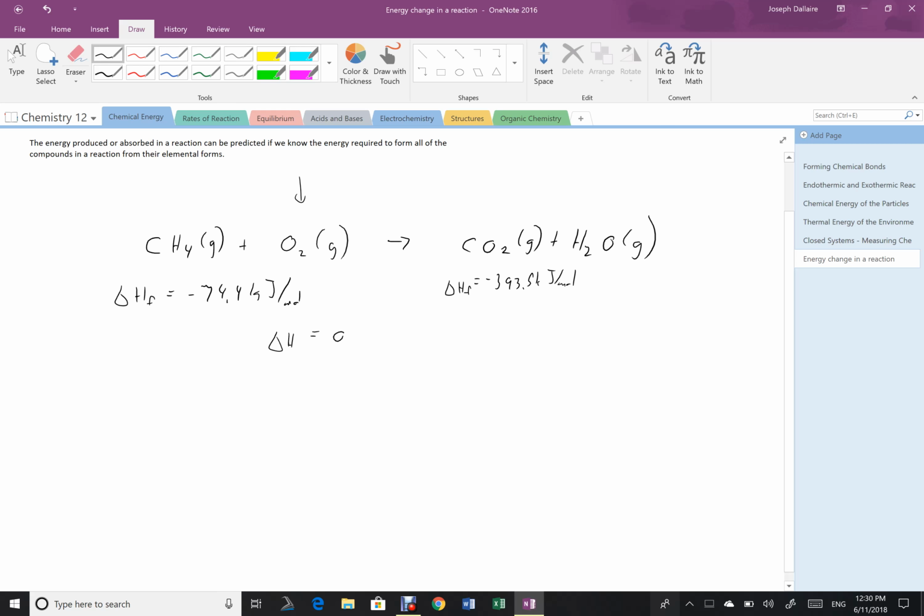And with H2O water, I have to be careful because I bet this is going to be stated as a gas or a vapor. And since I said that I'm getting a vapor, I'm going to use the delta H of formation as negative 241.8 kilojoules per mole.